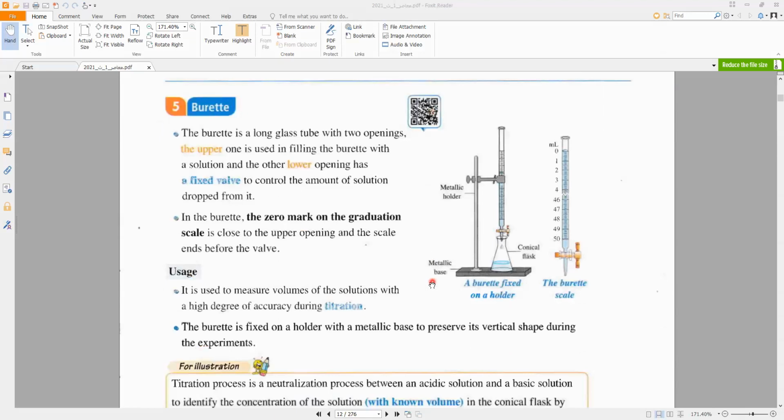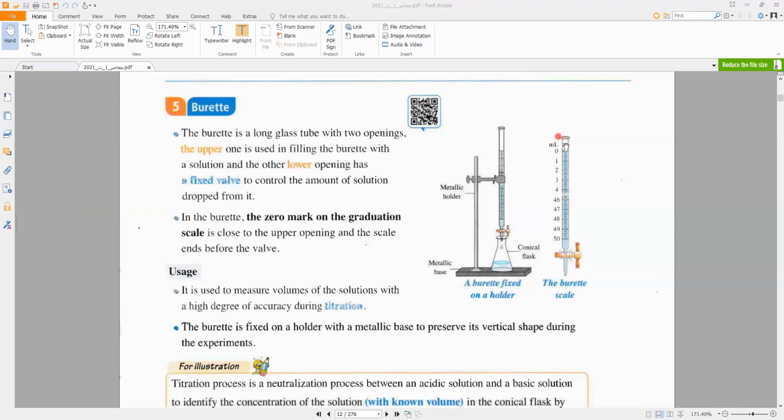Number five, burette. We must make an exception for the burette. The burette is represented by a long glass tube with two openings, upper opening and lower opening.